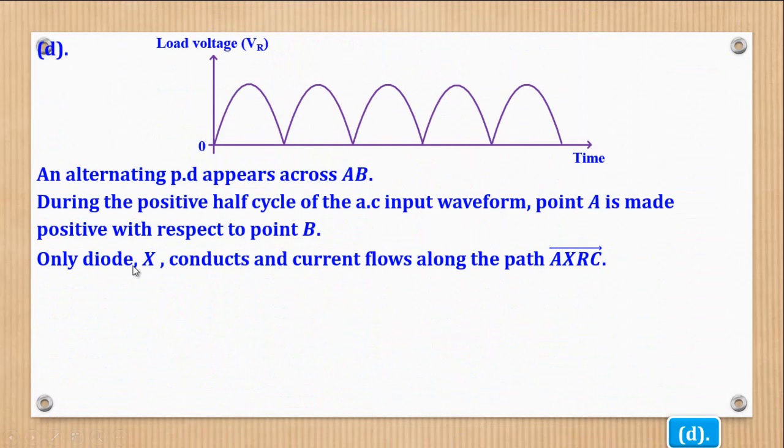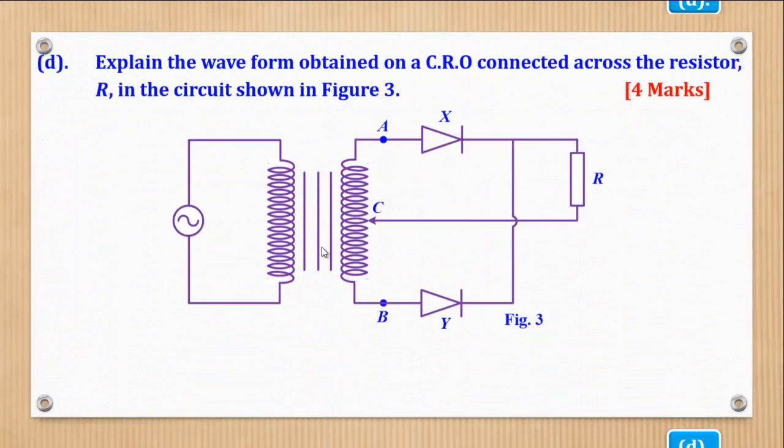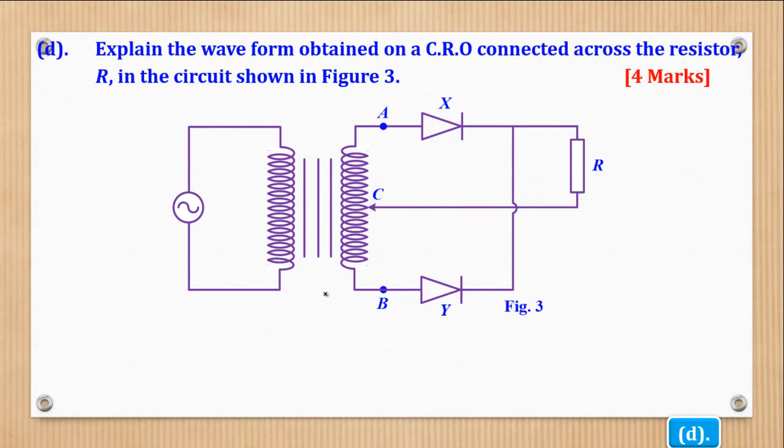Okay. Then what about during the negative half cycle? It is point B which is now made positive with respect to point A. So this time round, it is this which is positive and this is negative. So do you know what happens? Diode Y conducts. So current will move here like this.